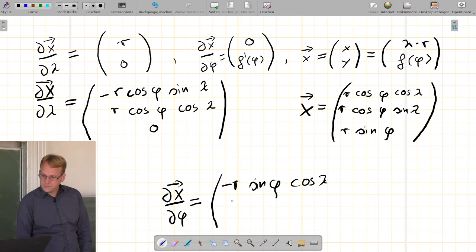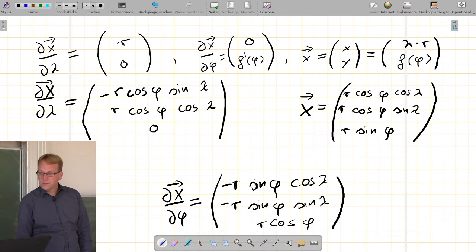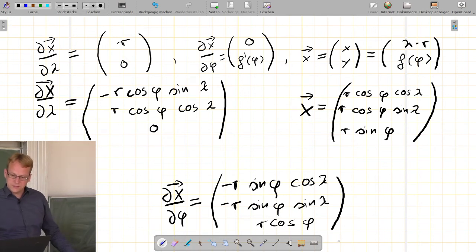Then we have the derivation of r, that is again minus r sine phi sine lambda, and finally this is r cosine phi. So that should be correct. So that is simply deriving these functions.